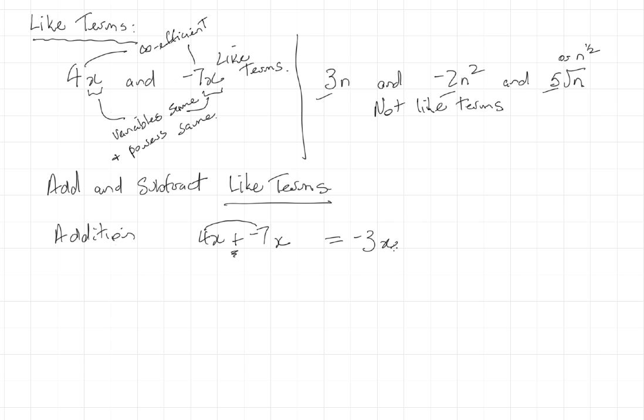That many x's remain. So we've got 4 x's, we add negative 7 x's, then we are left with negative 3 x's. So you do the mathematics just on the coefficients, and then you just put the variable afterwards, as long as we've got like terms.